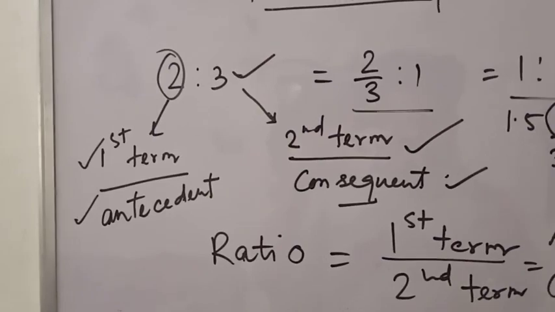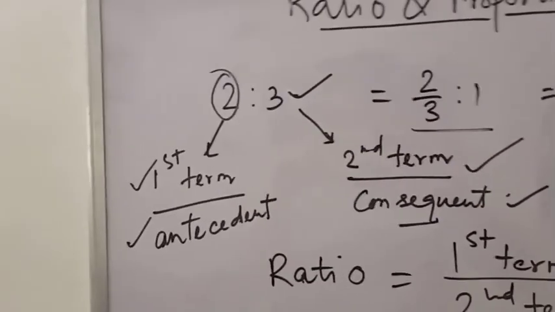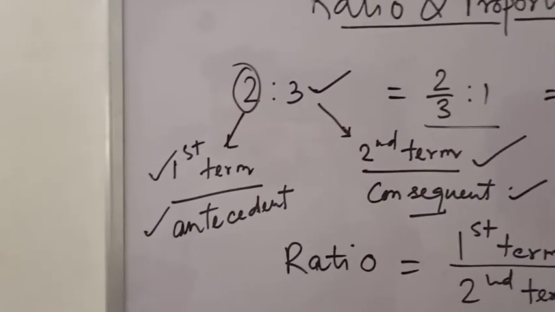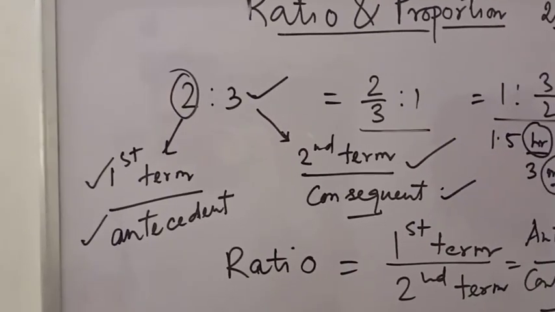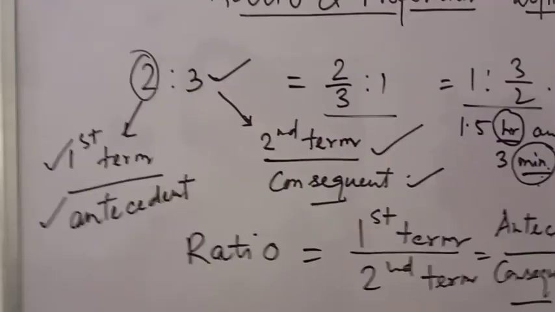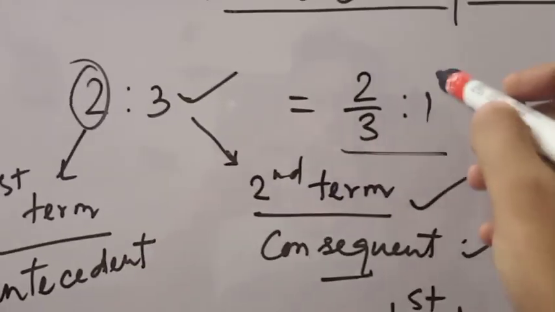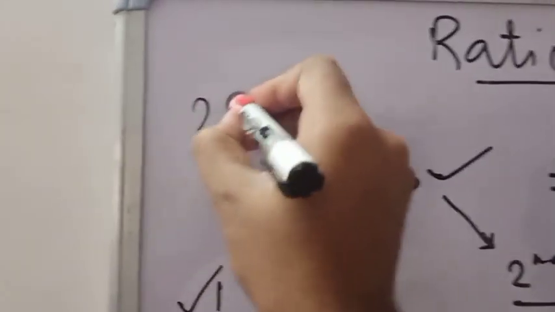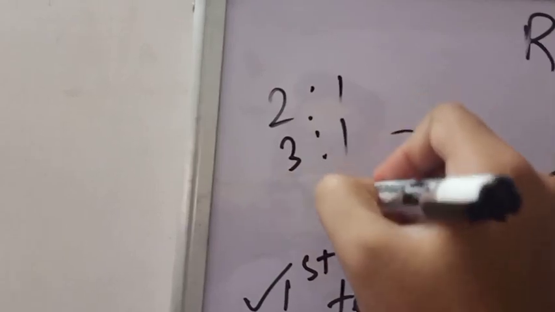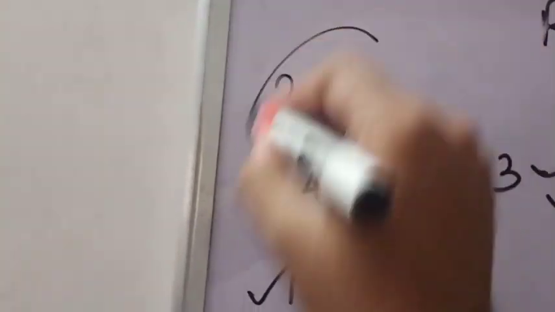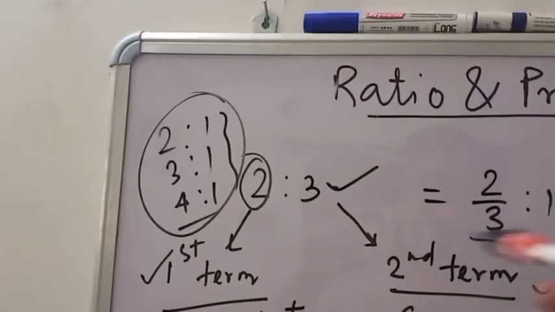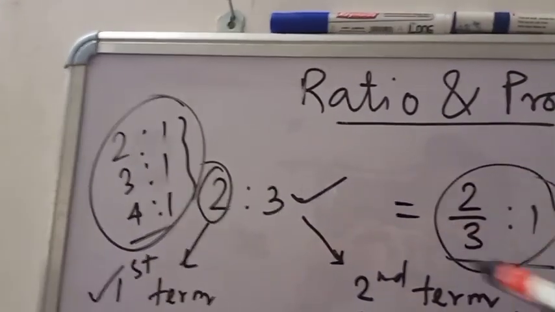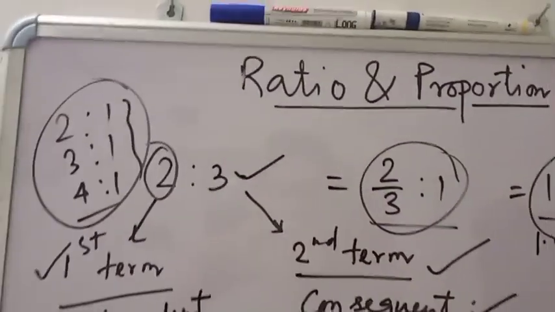And the last one, expressions like double, triple, 4 times can be expressed as ratios. That means you can find the is to 1 ratio. That means 2 is to 1, 3 is to 1, 4 is to 1, like that. So 1 is common here, see that? You have to find this type of ratio if you want.